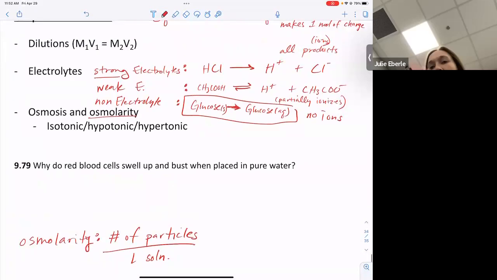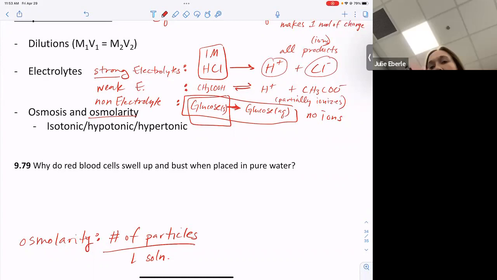Let's go back to what we were talking about with equivalence. If I have 1 molar of HCl, what's my osmolarity? This is going to break apart into how many particles? I'm not focusing on the charge here, but 1 particle and 2 particles. So I'd have 2 osmoles. Now, if I have 1 molar glucose, what's my osmolarity? 1 osmole, because it doesn't break apart into particles. It is the particle, okay?